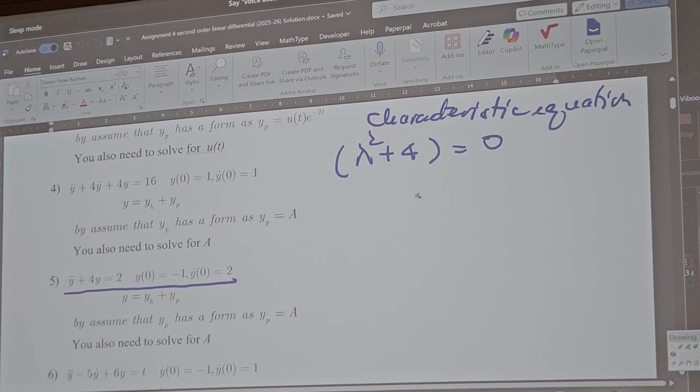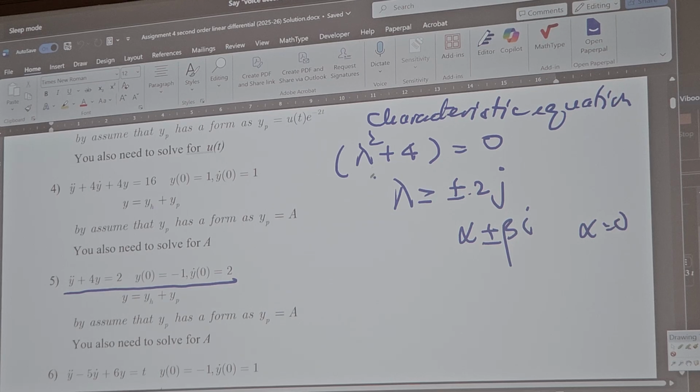This one is what? Minus plus 2i. So in this case, if you say alpha plus minus delta j, this alpha will be 0.